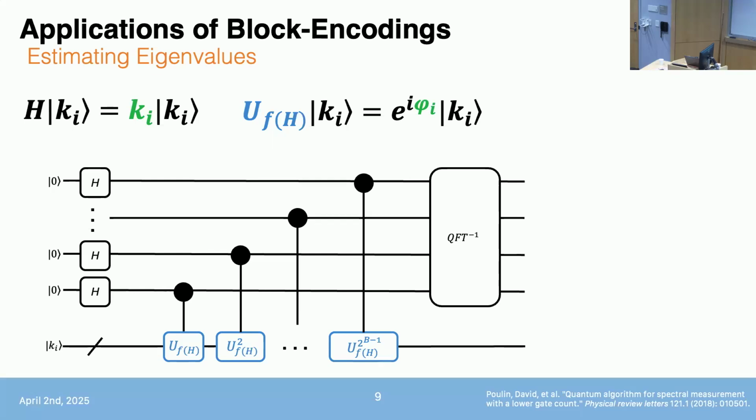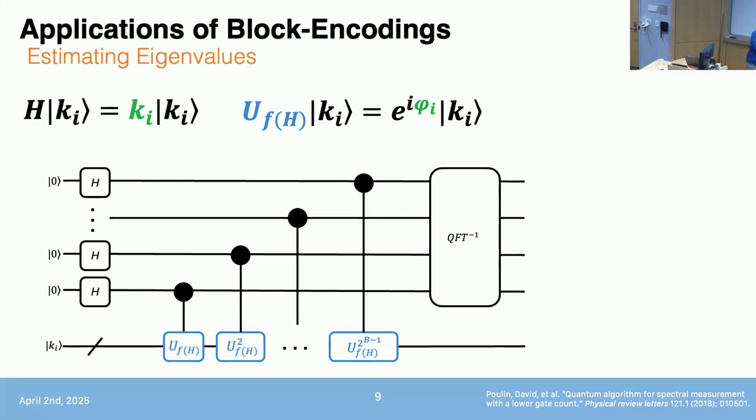So for example, up top, I have U_f(H) acting on |ψ_i> being an eigenstate of U or an eigenstate of H. It's going to have an eigenvalue e^{iφ_i}. So I'm going to define φ_i as the eigenphase corresponding to that eigenstate. And I can use quantum phase estimation to output a discretized estimate of φ_i if I supply the eigenstate on my system register.